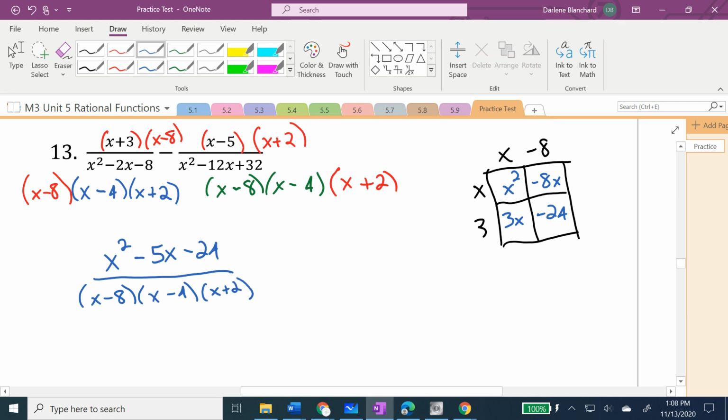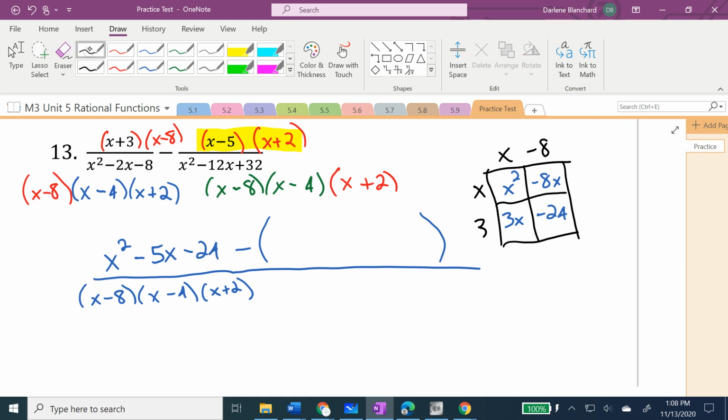And if you want, I can just go big giant extension minus, and then focus on the other numerator multiplication. So focusing on the other numerator multiplication, I'll do another box. And I'm multiplying x minus 5 and x plus 2.